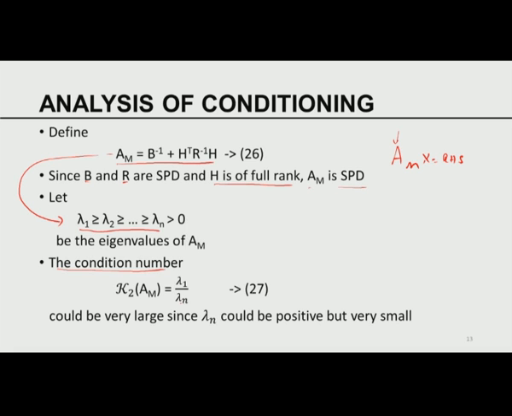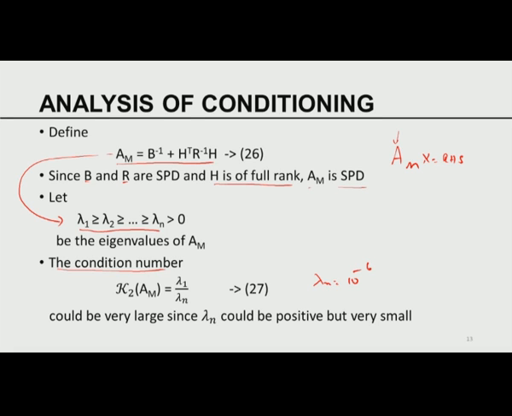While AM could be symmetric and positive definite, since lambda n is positive, lambda n can be very small. So the condition number could be very large. Let us assume lambda n as an example is 10 to the power of minus 6.